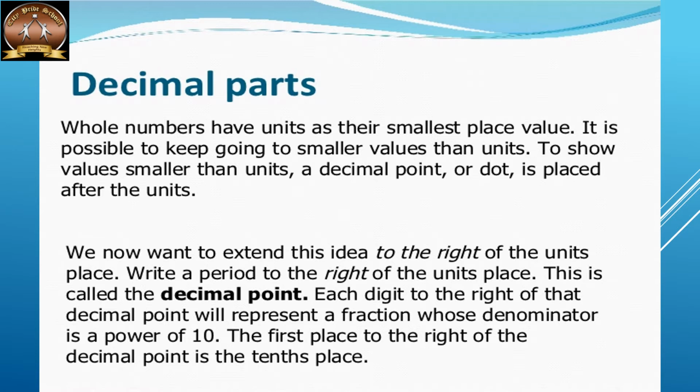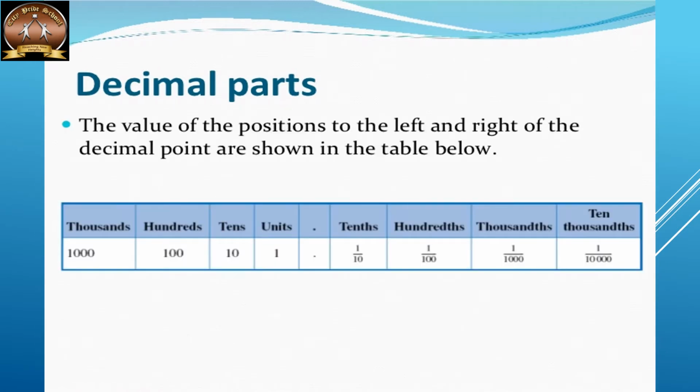Then let's see what happens. When we go towards the right hand side of this decimal point, it is again dividing by 10. So it is 1 upon 10. Again we divide by 10.